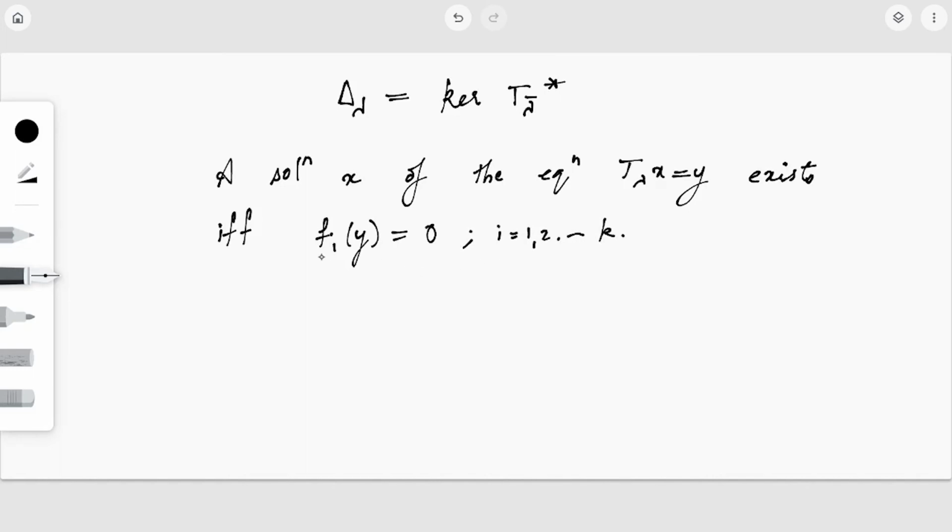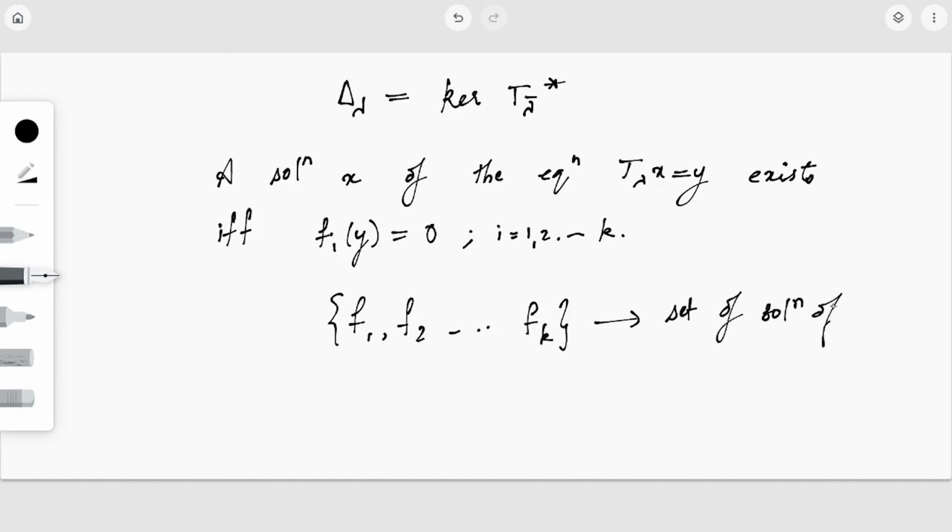That is, f1, f2, up to fk are the set of solutions of the homogeneous equation. Actually it is much easier to solve a homogeneous equation than a non-homogeneous equation. So we can find the solution of the homogeneous equation that we had considered, and the solution of the equation exists if f_i of y is equal to 0 for every i.